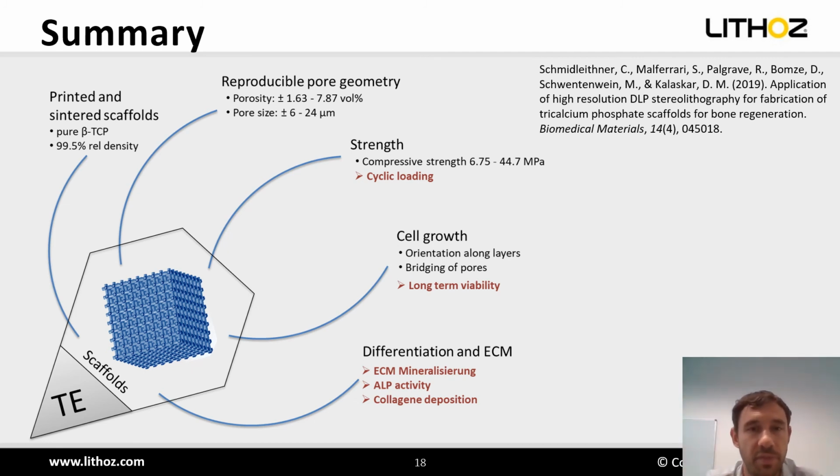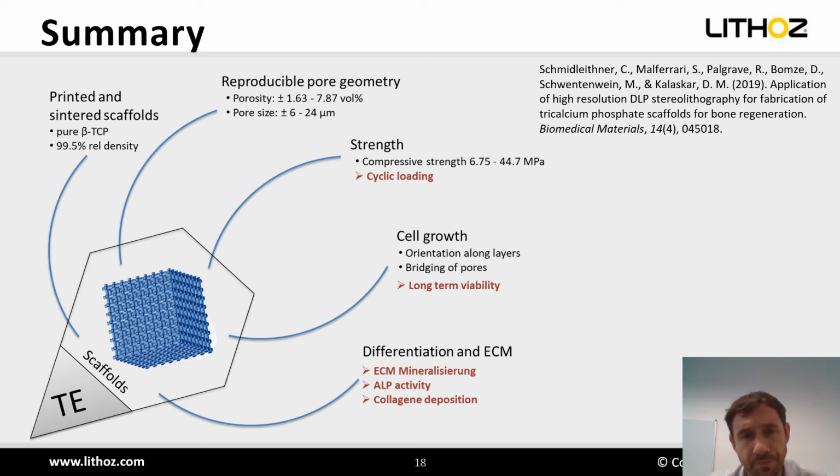So the pore sizes and the porosity only showed very low deviations. Also the nominal target comparisons were quite nice, as I already mentioned earlier. Here for sure it's also possible to further improve that using software algorithms.